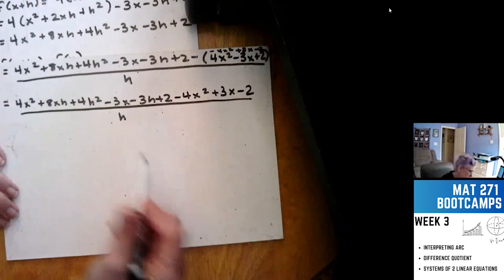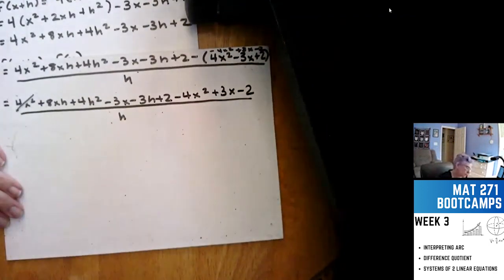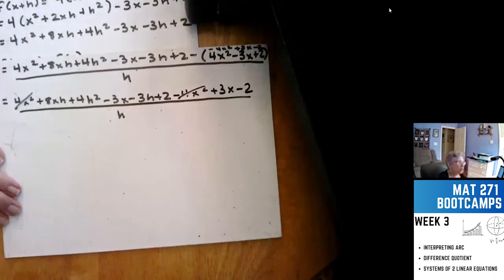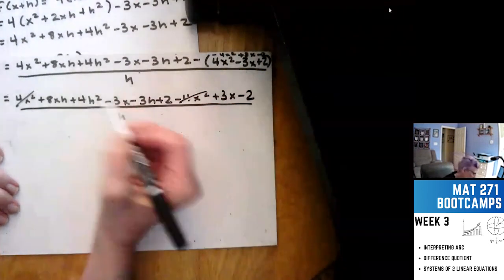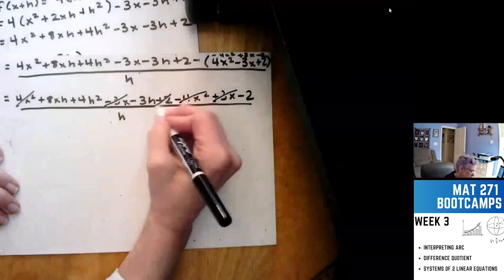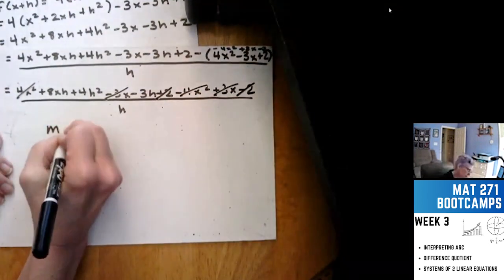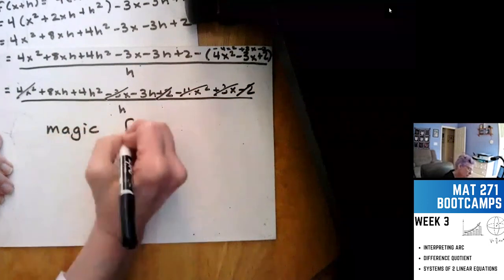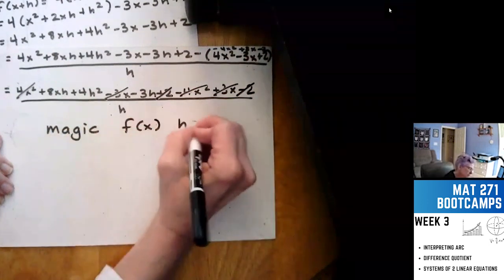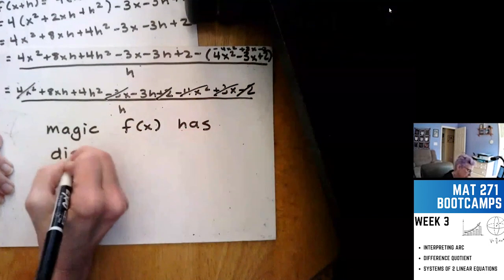Don't leave anybody out. Because 4x squared minus 4x squared goes away. Minus 3x plus 3x goes away. And 2 minus 2 goes away. It's magic. F of x has disappeared.